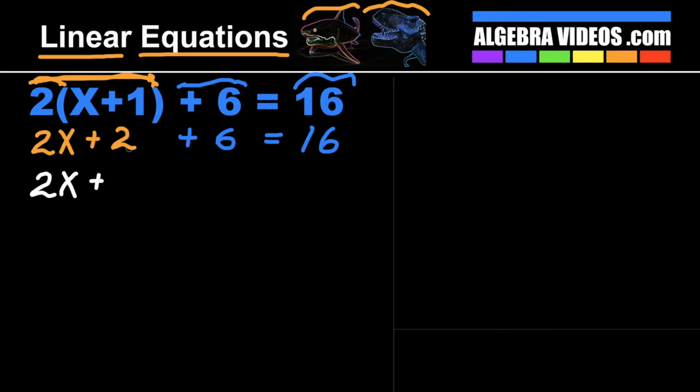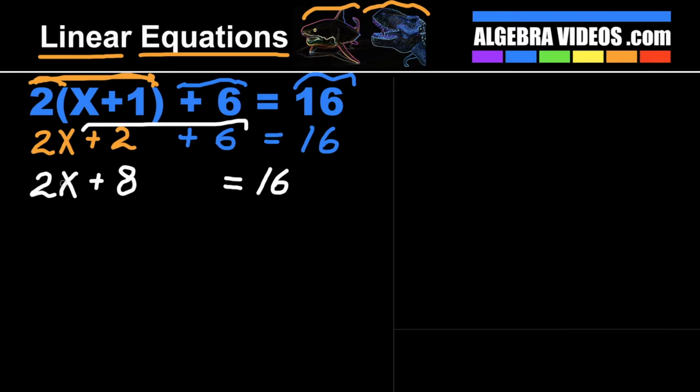Plus 2 plus 6 is 8. So we simplified this term, the plus 2 plus 6, into just 8. And that equals, on the right side, 16. So 2x plus 8 equals 16.